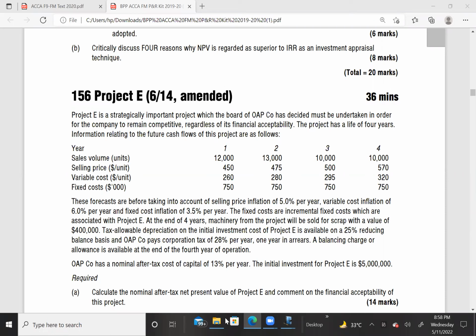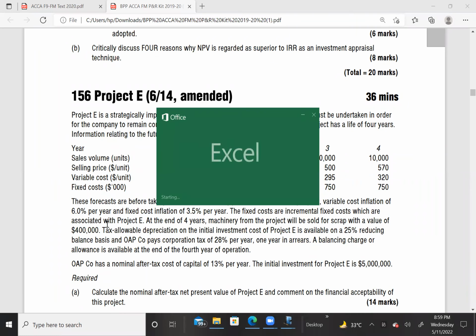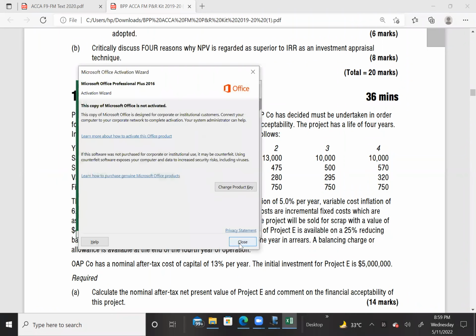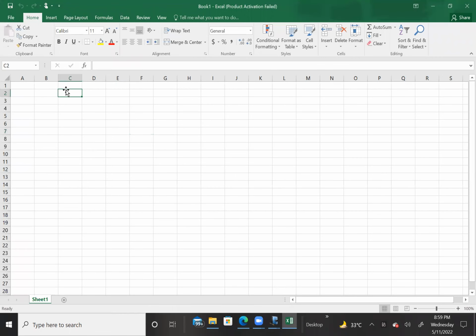Okay, have you read the question? I will perform only those functions here which you will use on the ACCA practice platform.